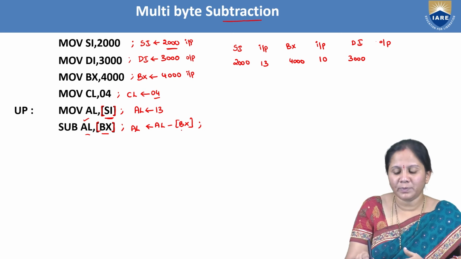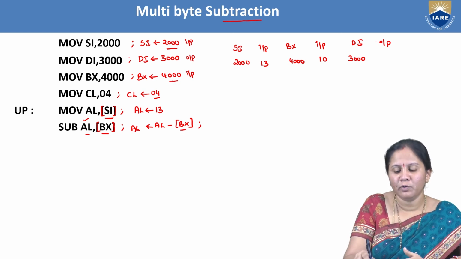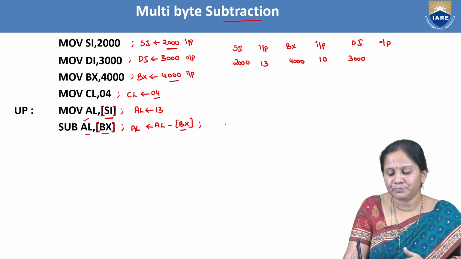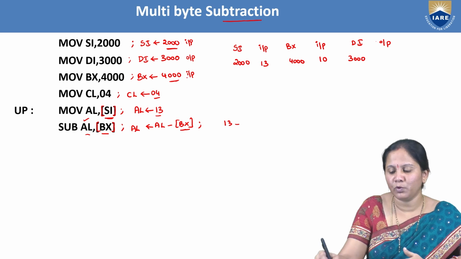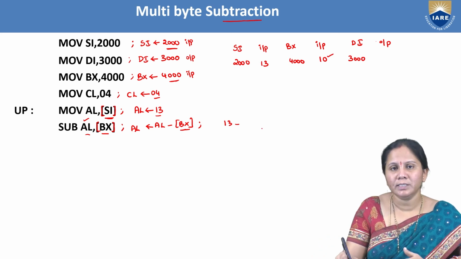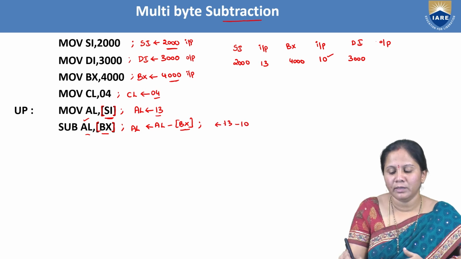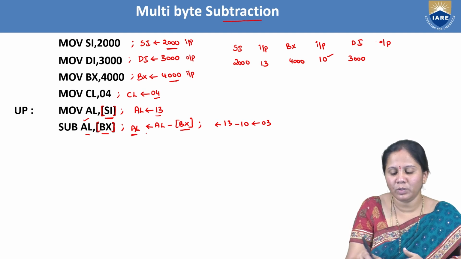So here the present value of BX is 4000. So here AL is 13 minus the data which is present in this BX 4000 location, which is 10. So 13 minus 10, here the value is 03. So that value will be stored in this AL register.